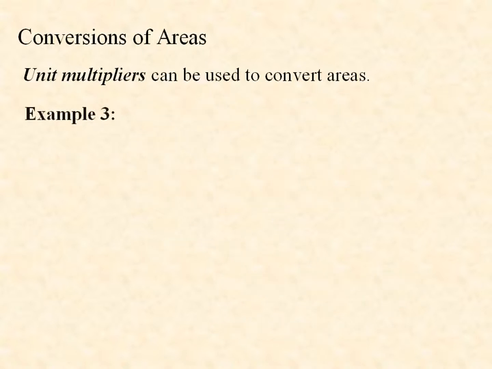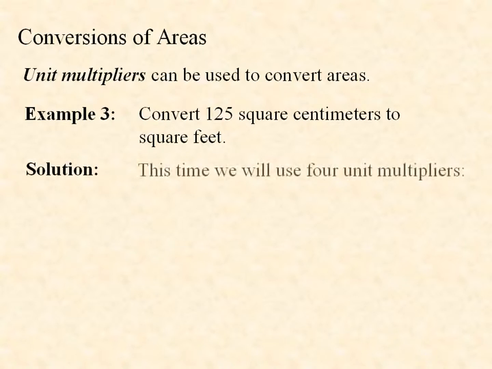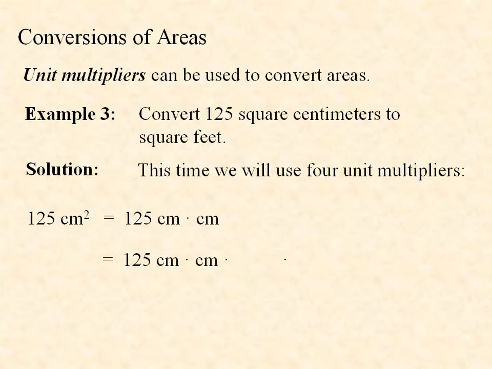Example 3. Convert 125 square centimeters to square feet. This time we will use 4 unit multipliers. First we'll convert to square inches, then from there we will convert to square feet. So 125 square centimeters is 125 centimeters times centimeters.